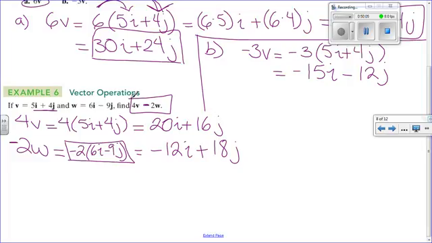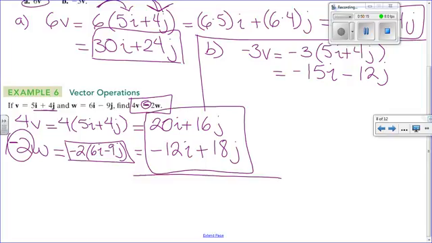So since we already account for that negative right here, then all we need to do is add this, right? And if you want to do it vertically, that's fine with me. So it will be 20 minus 12, that will be 8i. 16 plus 18, that will be 34.